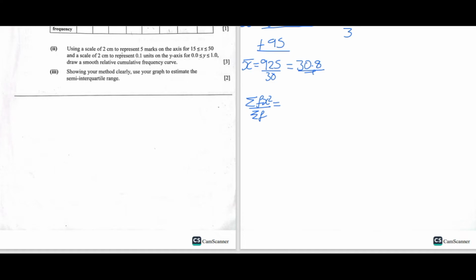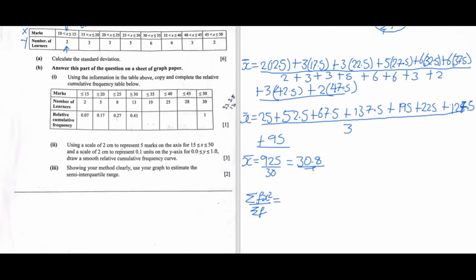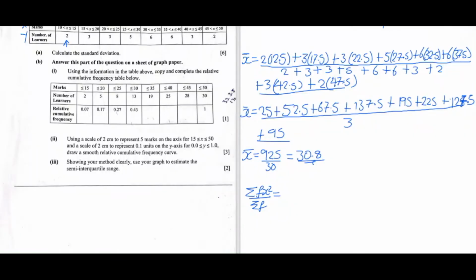So the frequencies from the table are 2, 3, 3, 5, 6, 6, 3, 2.